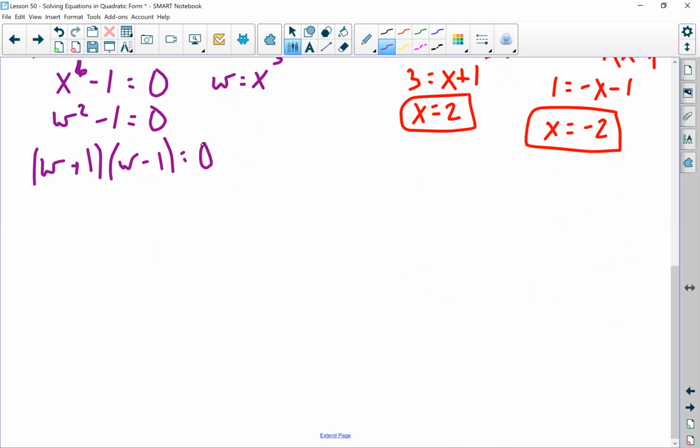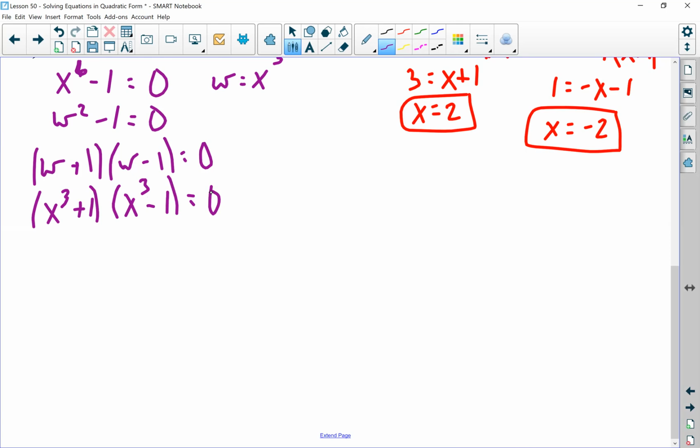And before I solve, I'm actually going to make my substitution. And the reason I'm going to make my substitution is this x cubed plus 1 is now a sum of cubes. X cubed minus 1 is a difference of cubes.